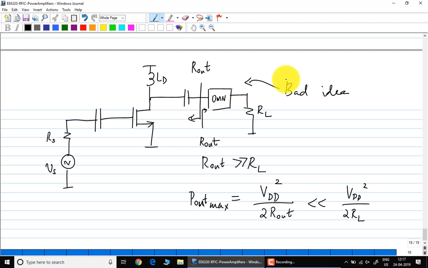Choose LD with a small quality factor, such that you will get an impedance close to 50 ohms. So he's suggesting doing that, such that the output impedance is 50 ohms. There is a small problem with that, and I'll tell you what the problem is.